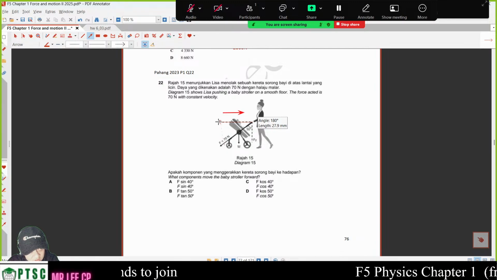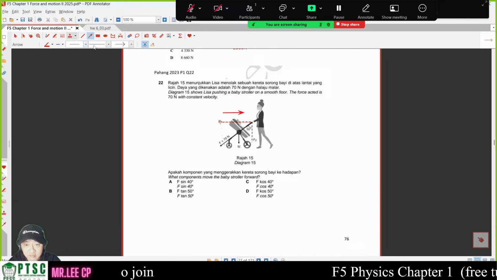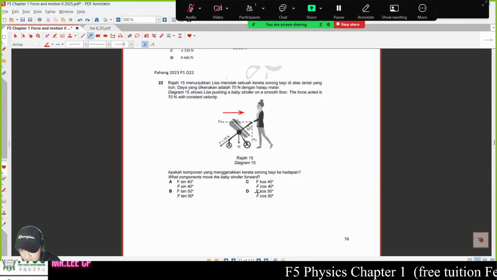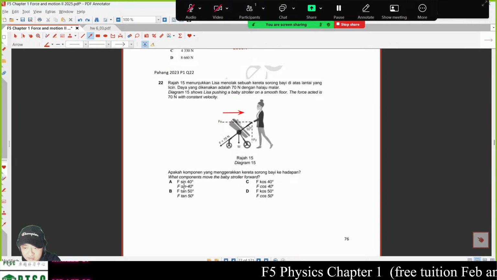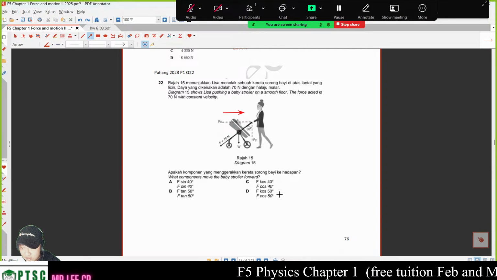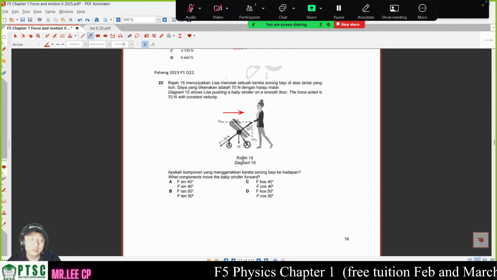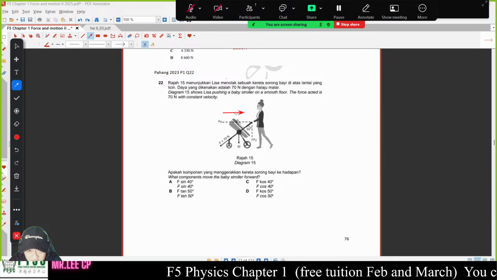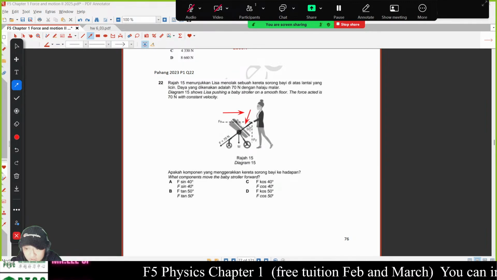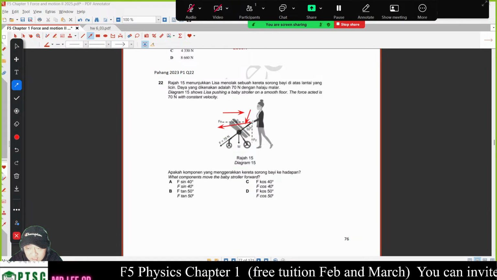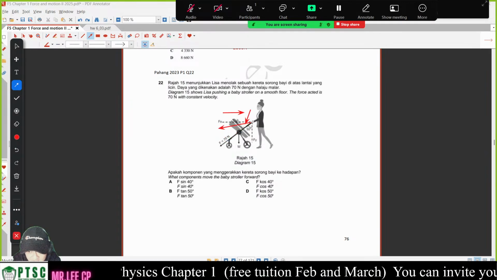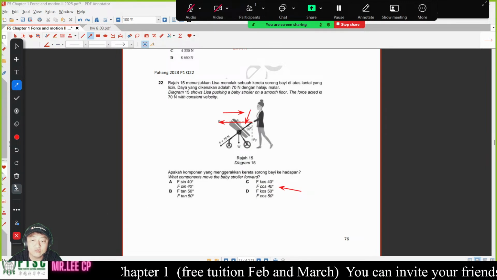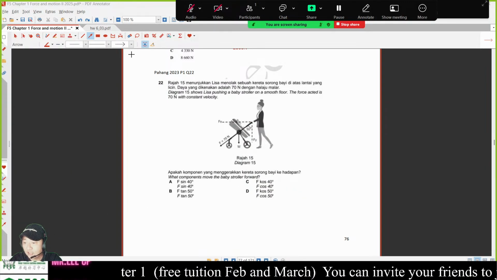Not touching, we use sine. So 70 sine 50, F sine 50. Don't have, no answer. We know this angle here will be 40. So 70 touching 40, 70 cos 40 also can. F cos 40. So answer is C.